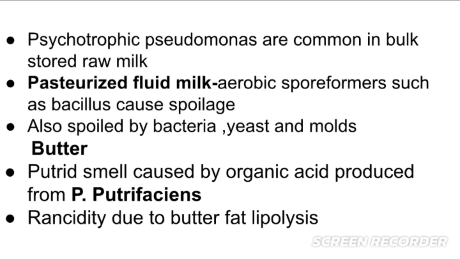In unpasteurized raw milk, the microorganisms usually responsible for spoilage are psychrotrophic Pseudomonas. Psychrotrophic means that they can grow at very low temperatures, so they can survive extreme cold conditions.